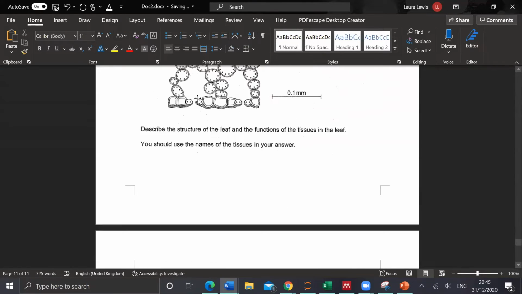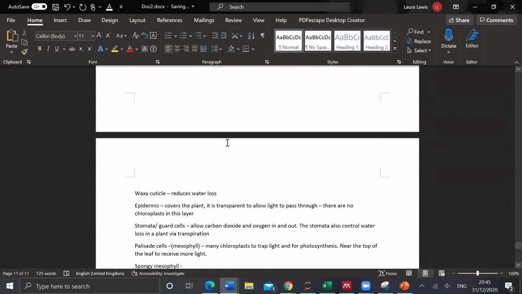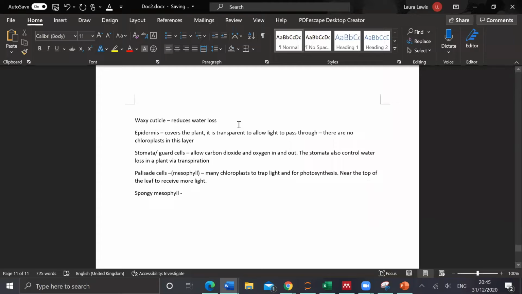Remember, we're looking at the plant tissue, not the plant cells. This bit, the spongy mesophyll, has air in it, so it's spongy. So this contains airspace for the rapid movement of gases.